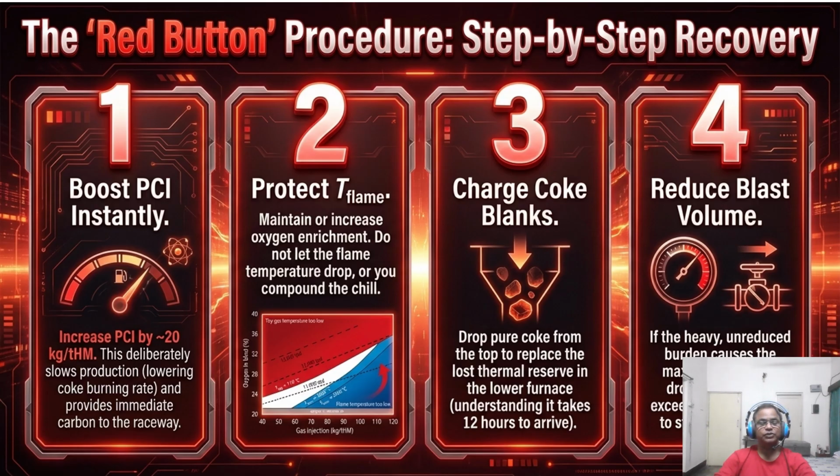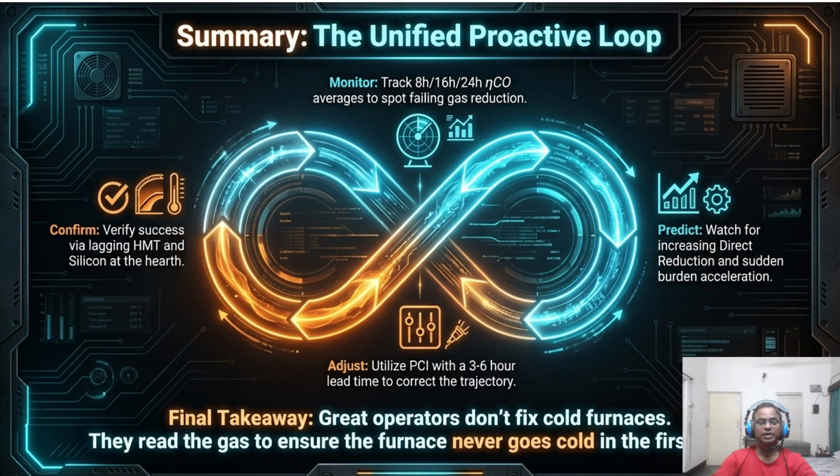By following these rules and focusing on the gas, we move into a continuous cycle of stability. So, the unified proactive loop, to wrap up. We monitor the 8, 16, and 24-hour eta.